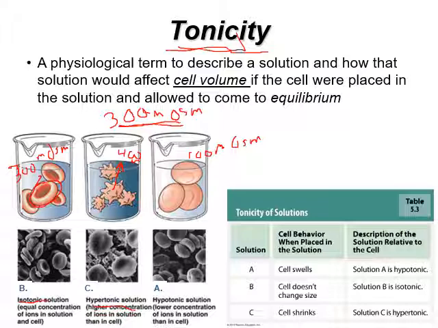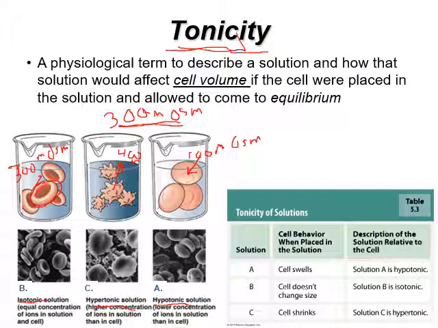So now water is going to be drawn to inside the cell. And this is an example of a hypotonic solution. A hypotonic solution is going to drive the water into the cell and swell it. Eventually, if there's enough, it's going to lyse the cell. Okay, so that is tonicity.